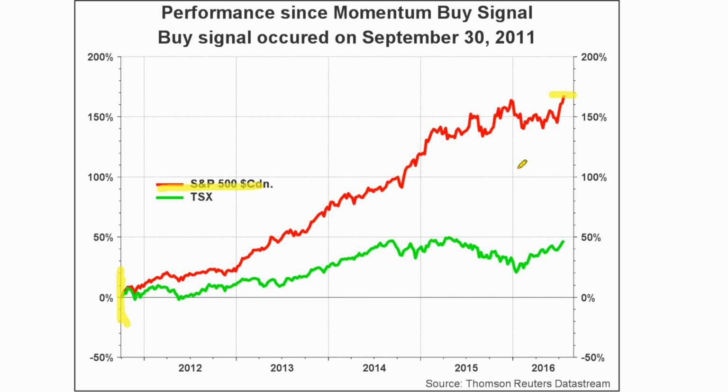So you would have made 170%. The Canadian market was only up less than 50%. So well over 100% difference between the US performance and the Canadian. So that is the power of momentum investing.